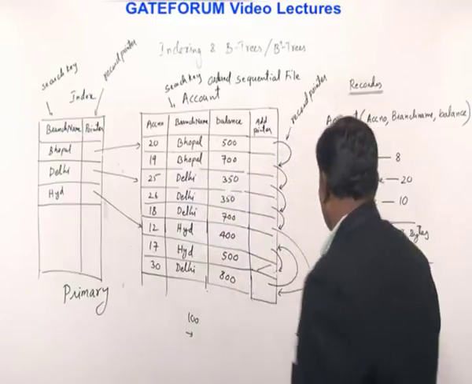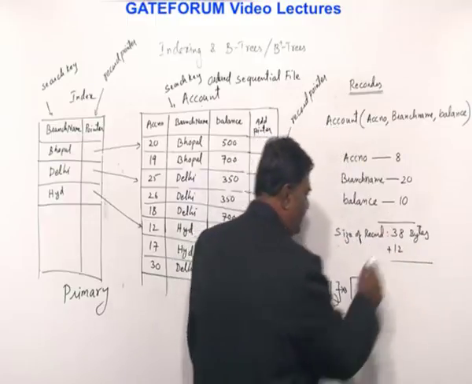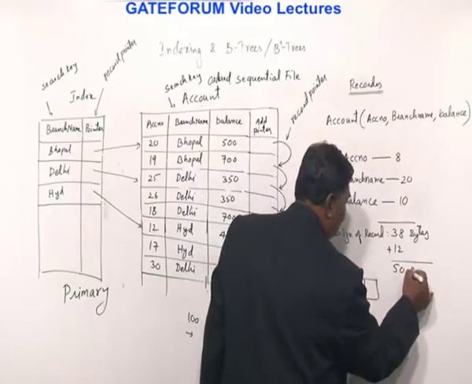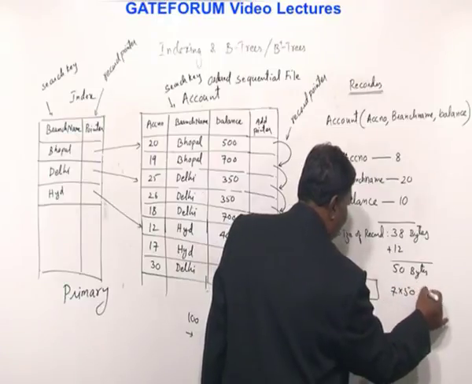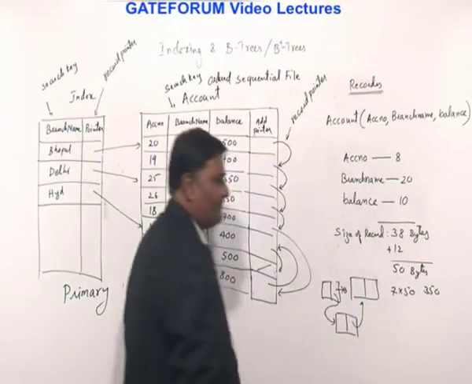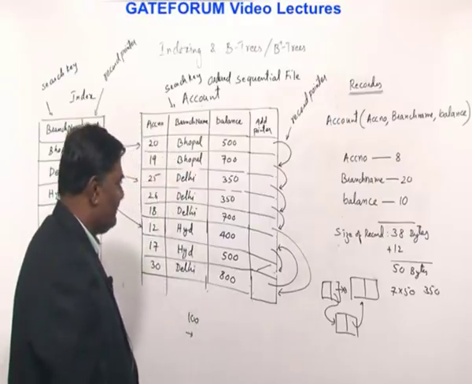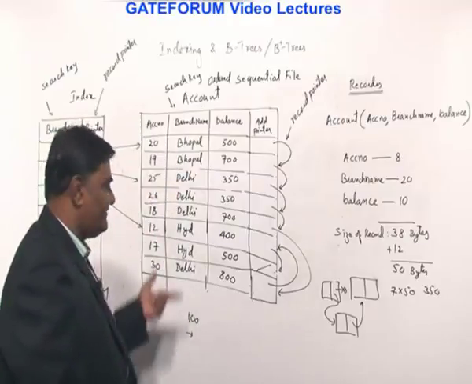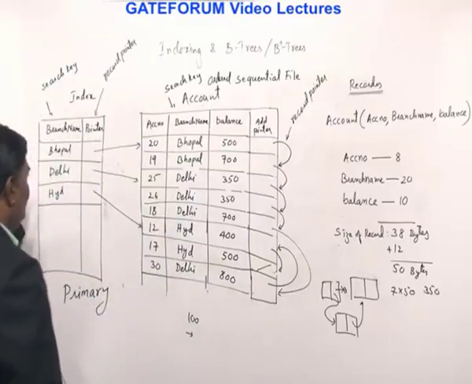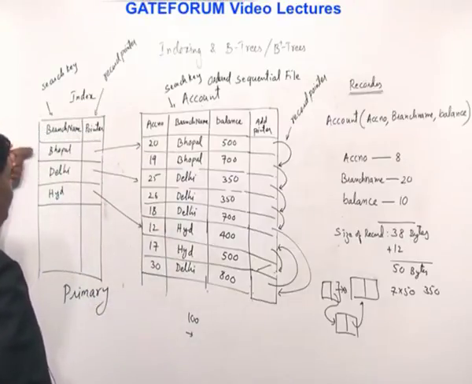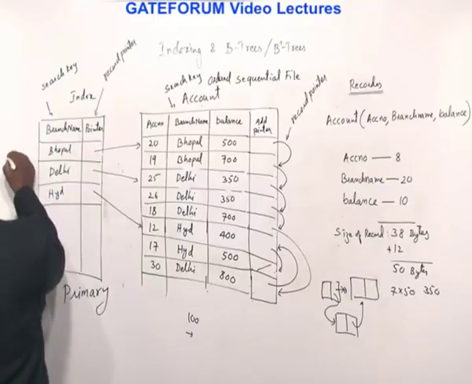Each record size, like I told you, is 50 bytes. So 7 into 50, you are accessing 350 bytes, right? So 350 bytes of data you are accessing to get the records of Hyderabad. But if you use an index, you may be accessing this index entry.